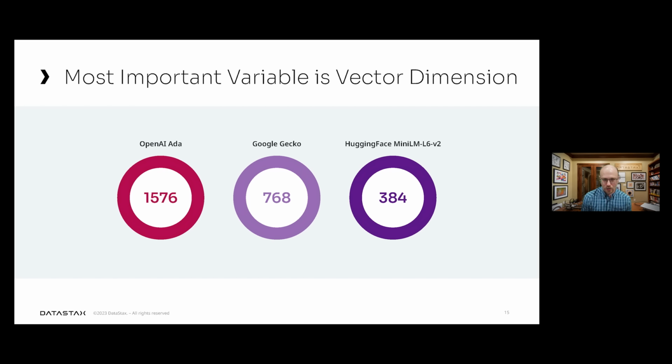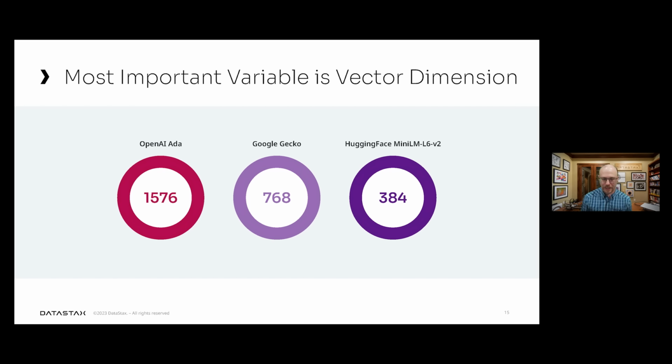Google's Gecko embeddings, which are based on their Palm architecture, are going to give you half that size, 768. And these are competitive in terms of precision, like in terms of distinguishing actually similar pieces of text. Gecko is competitive with Ada.